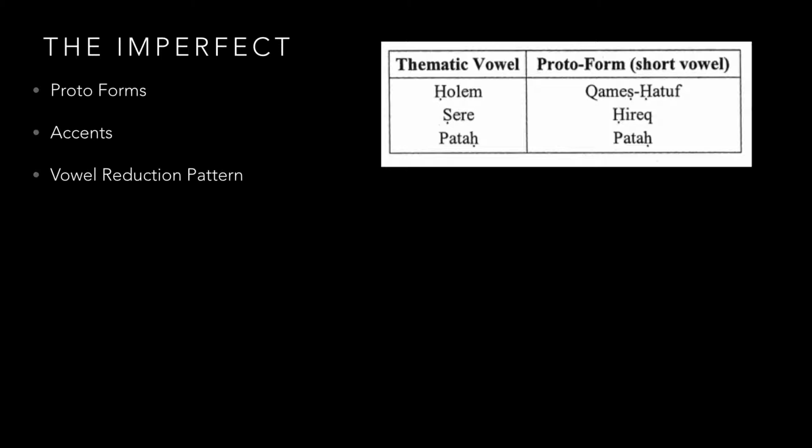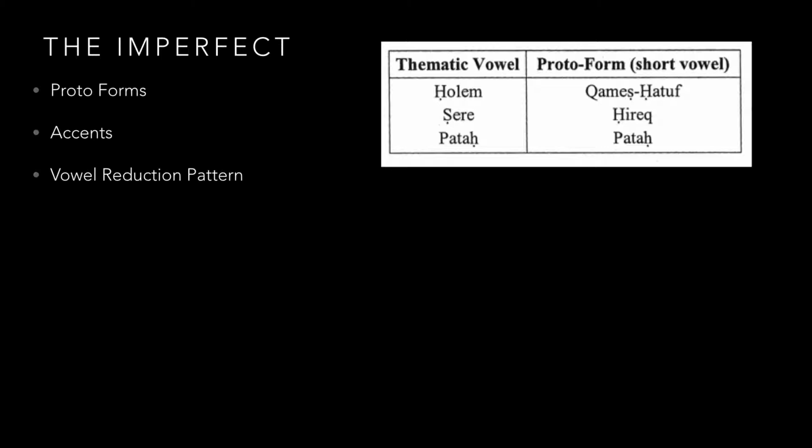It's going to be good at this point to start thinking of Hebrew vowels in 3 classes rather than 5. So in English we have A, E, I, O, U, 5 vowel classes. In Hebrew it's best to think of 3 vowel classes: the A vowel class, the E, I vowel class, and then the O, U vowel class.